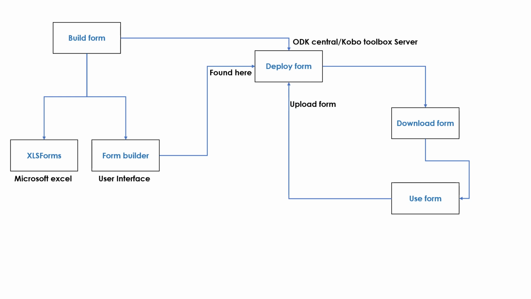So you build your form and you deploy it in this central server. Then you download your form on your mobile application, or if you want, you can send it like the way people send Google Forms. Then when you are done with your survey, you just upload it to the server.